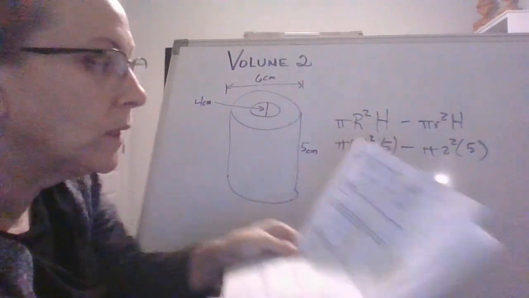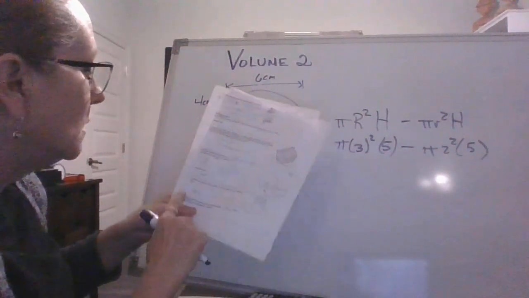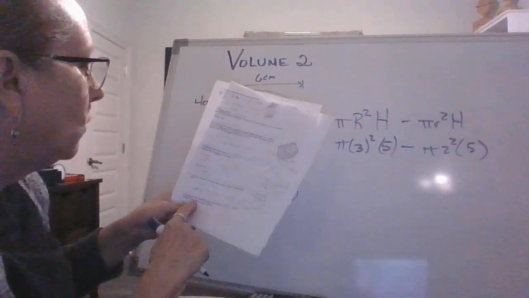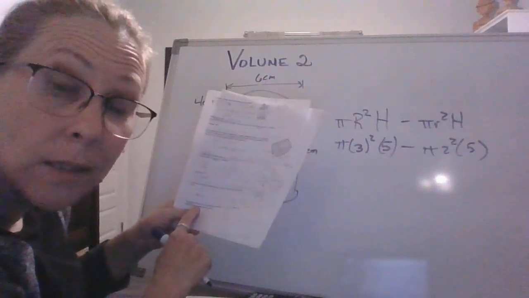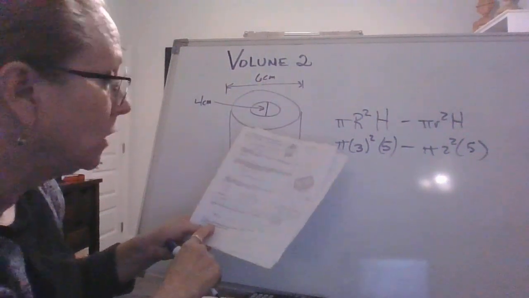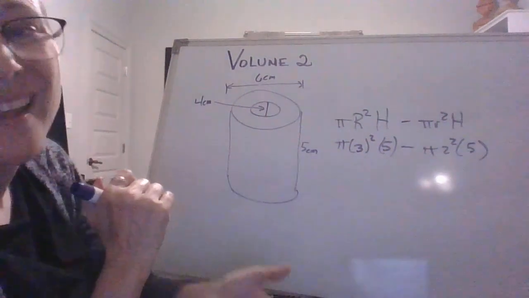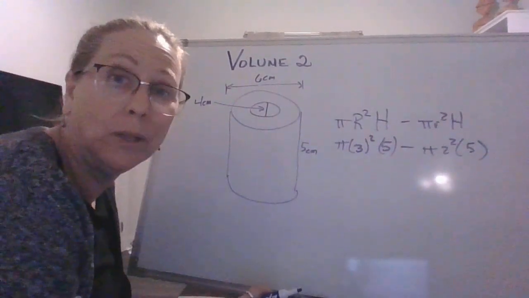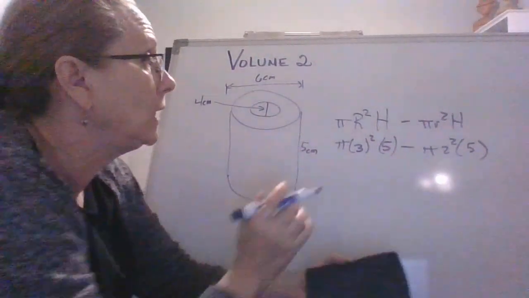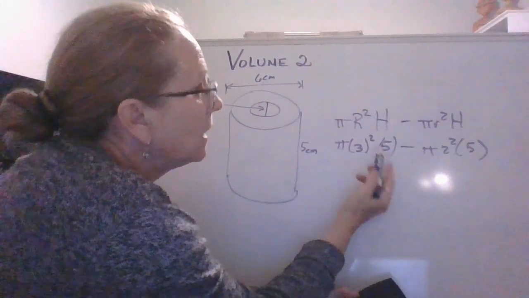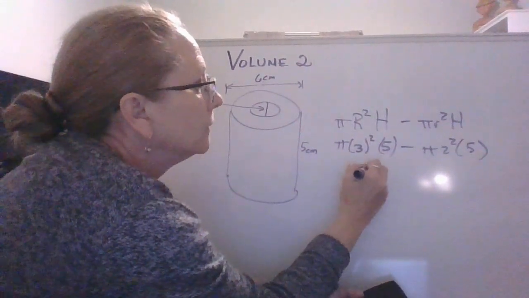So here, one of the things that's important is to read. It says the volume of the solid, round to 1 decimal place. So luckily it does not need to be in terms of pi, so we can solve it. I always like to put as little into my calculator as possible so that I don't have data entry error. So here I've got 9 times 5 or 45 pi.